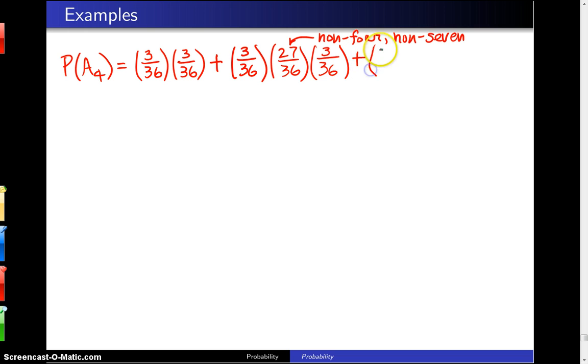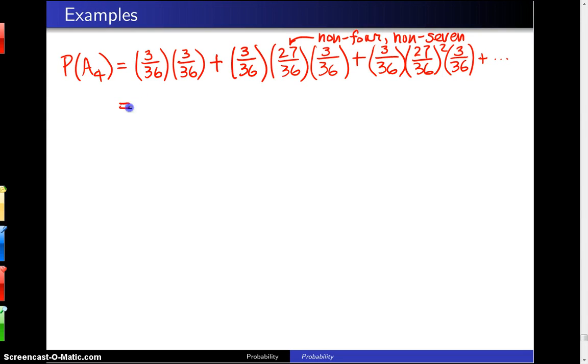What's still another way? You can roll initially to get your 4 point, and then you can have 2 rolls that are non-4, non-7, followed by making your point, that is rolling a 4. And on it goes. So each time you multiply by 27/36 an additional time. Well, that is a geometric series.